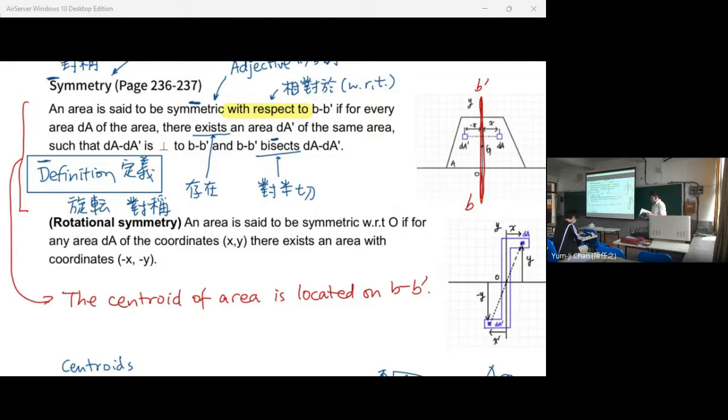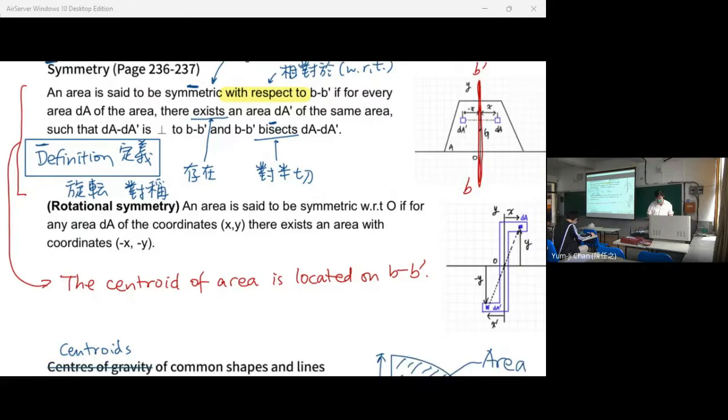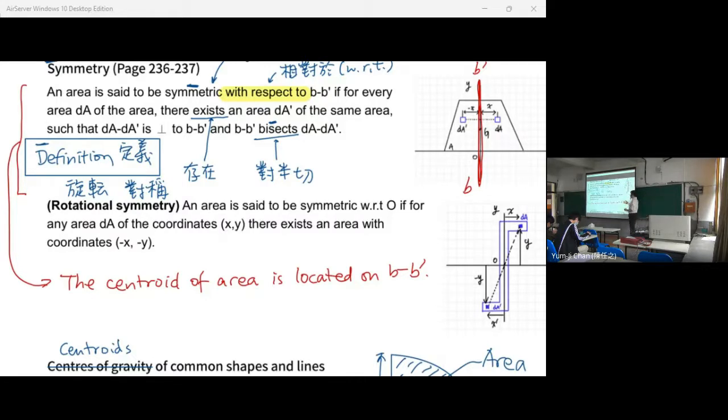Now, so we go back to example 5.5. After you have written this down, please make a note of this, and after that, go to example 5.5.